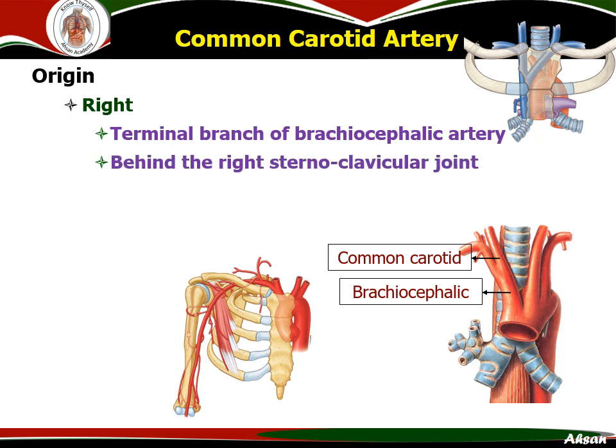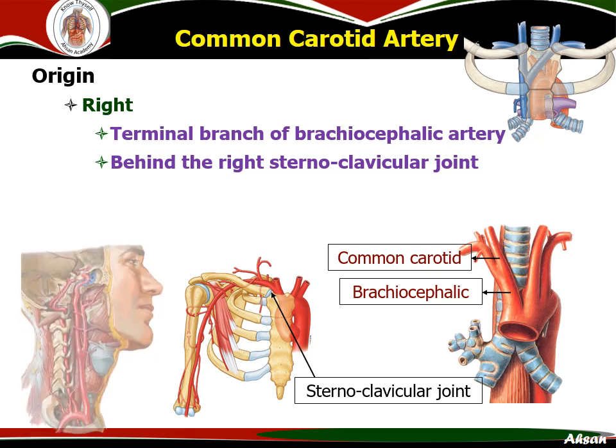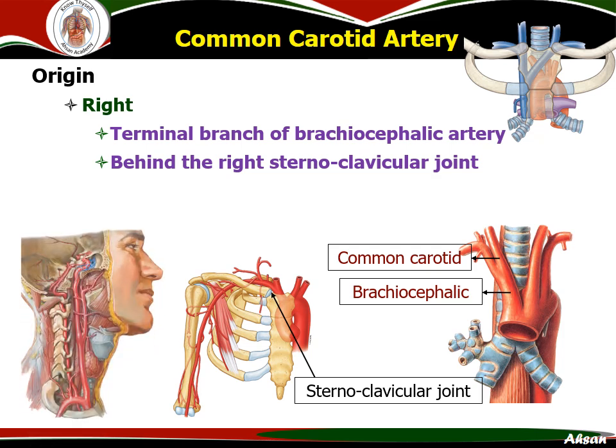So this division takes place behind the sternoclavicular joint of the right side. On the left side, you can see, this is the sternoclavicular joint. Behind that, the division occurs, and the common carotid artery and the subclavian originate here, behind this joint.